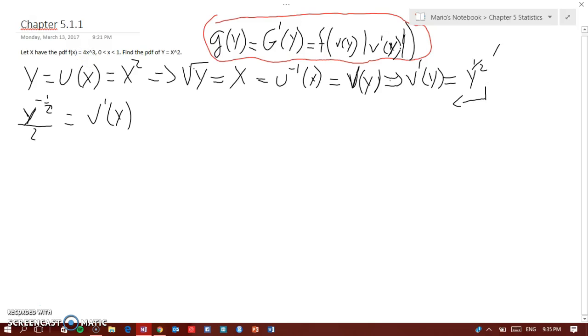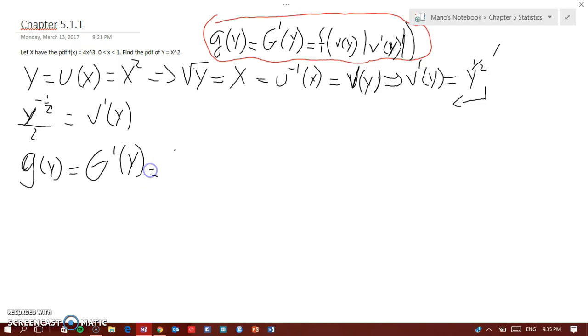So little g of y is equal to the derivative of the big G of y, which is equal to f of v of y times the absolute value of v prime of y. Then that would equal f of v of y. V of y is equal to what?